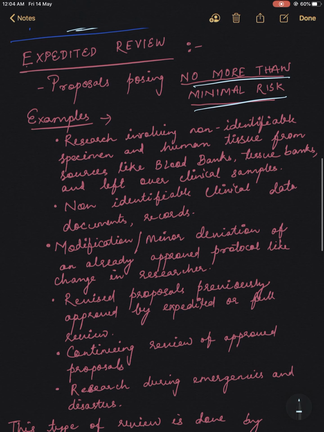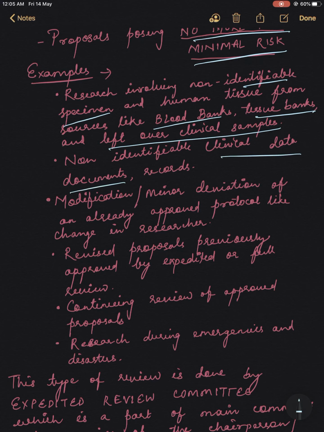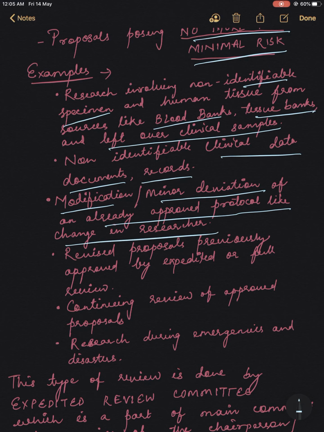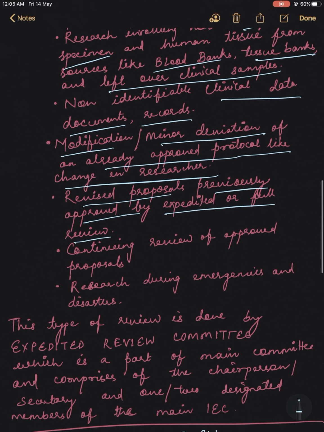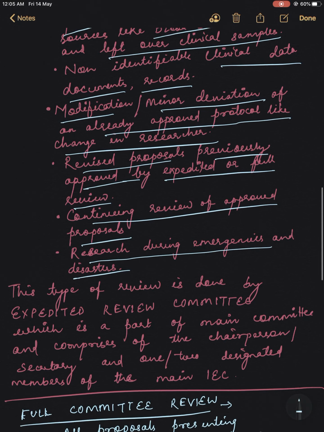For example, research involving non-identifiable specimens and human tissue from sources like blood banks, tissue banks, and leftover clinical samples, non-identifiable clinical data, documents, and records, modification and minor deviation of an already approved protocol like a change in the researcher, revised protocols that were previously approved by the expedited or full review, continuing review of approved proposals, and research during emergencies and disasters.